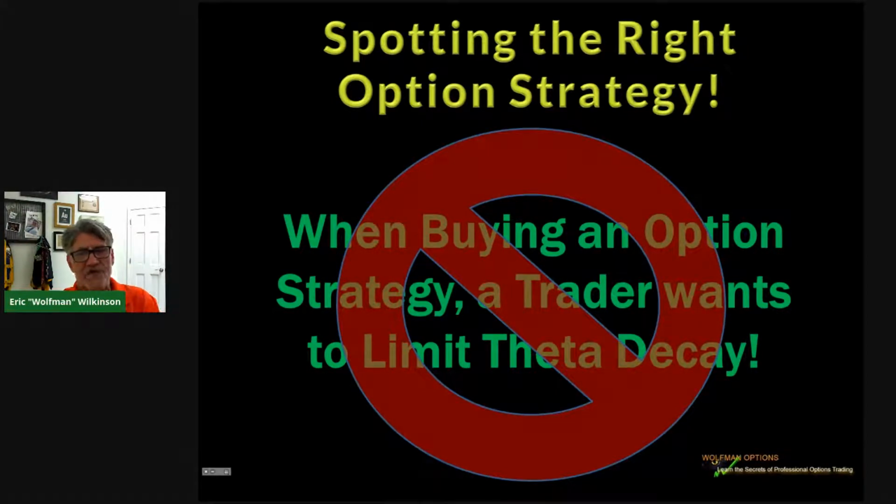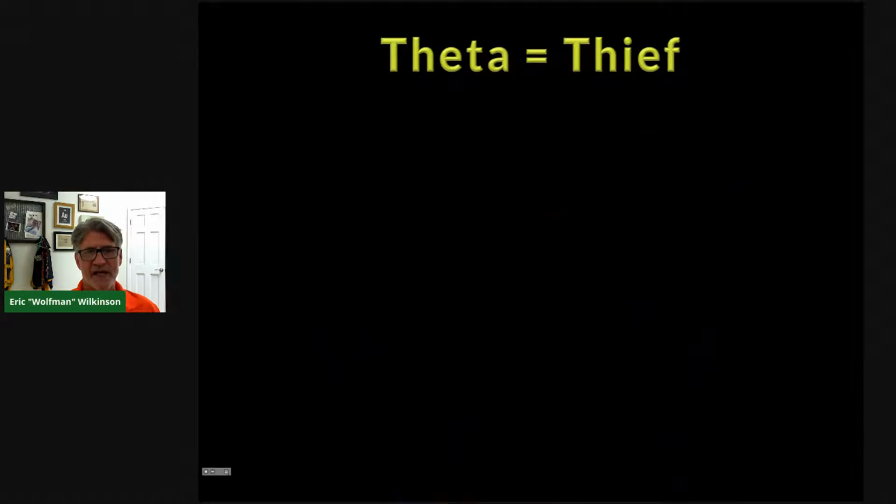Well, with this option strategy, the butterfly morphs a little bit, because ultimately it's going to be a long butterfly, but we make our money on the short strikes. And I'll show you how that works out here. So we do want to take advantage of theta. Anytime you have high volatility, you want to take advantage of theta, because the collection of credit is what is going to make the strategy work.